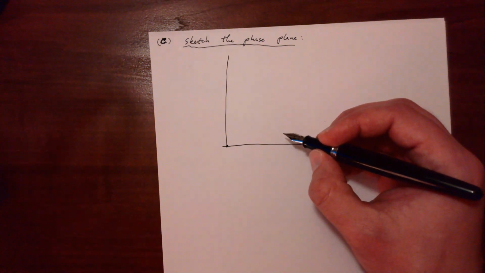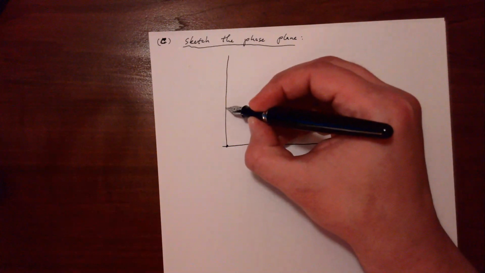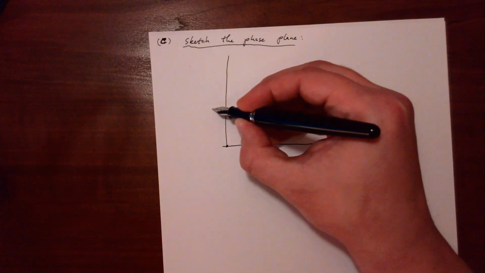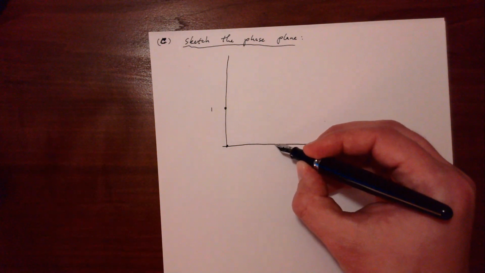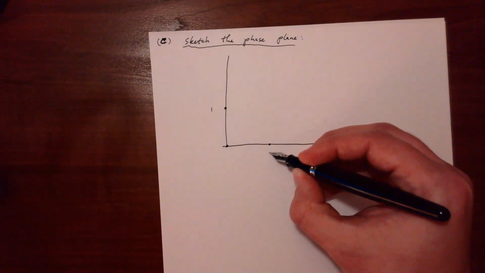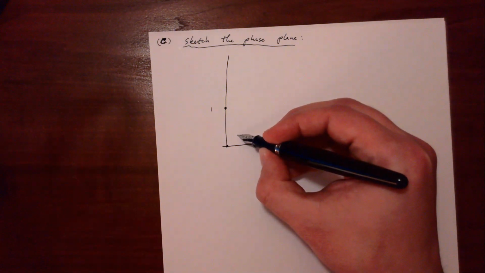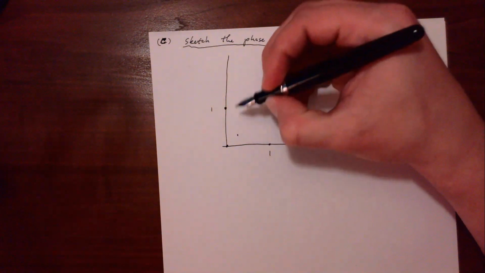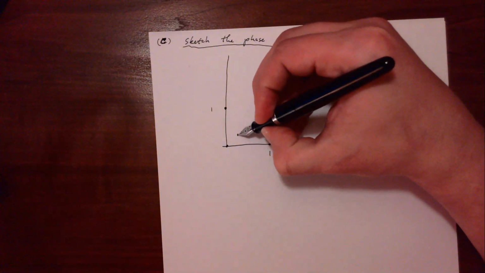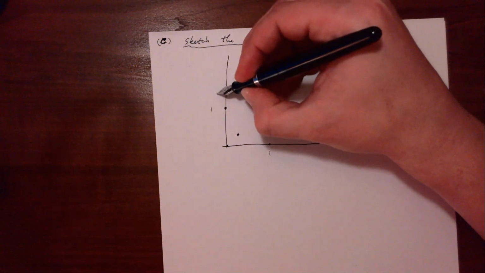So the equilibrium points would be 0, 0, 0, 1, 1, 0, and then 1/3, 1/3, maybe up a little bit higher than that.